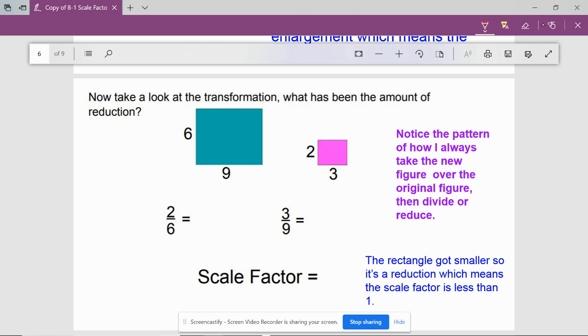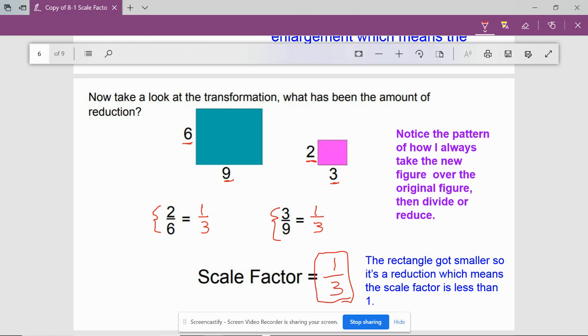So we have 2 over 6, and that's represented right there, and then 3 over 9, represented right there. 2 over 6 reduces to 1/3, and 3 over 9 reduces to 1/3. So what's our scale factor going to be? Our scale factor is 1/3.